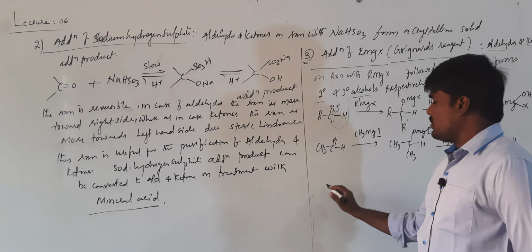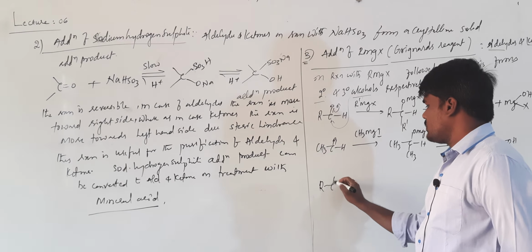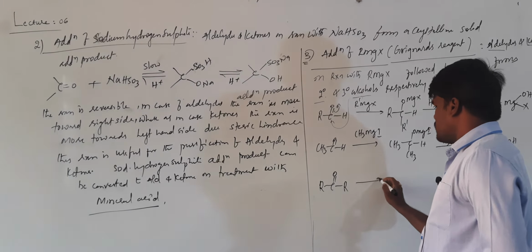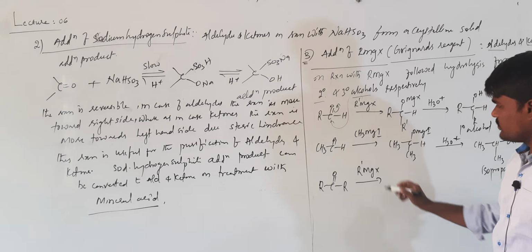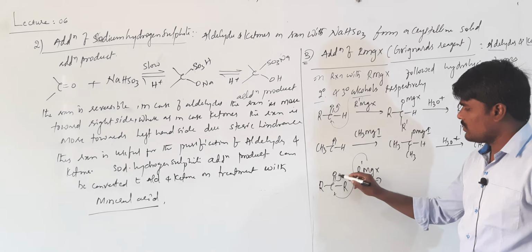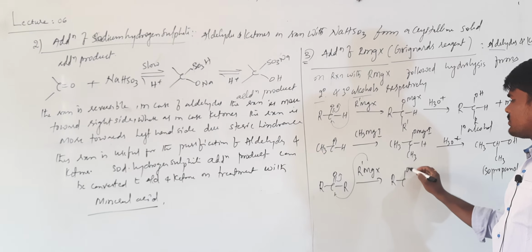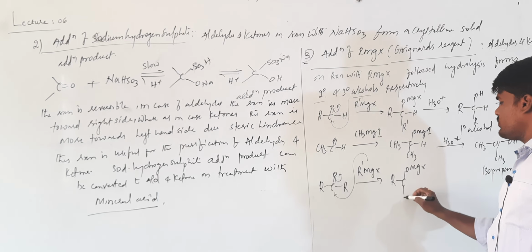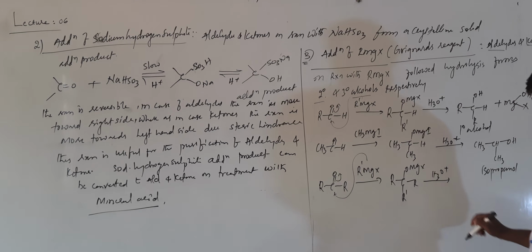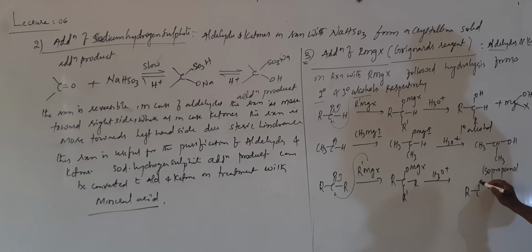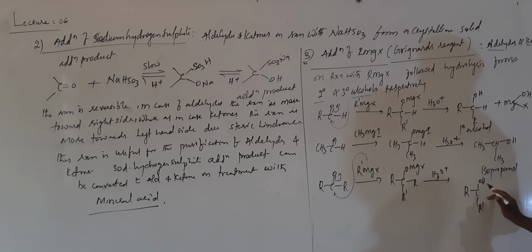Now if you are taking ketones on reaction with Grignard reagent, the same reaction will happen here, right? But it forms a tertiary alcohol here.